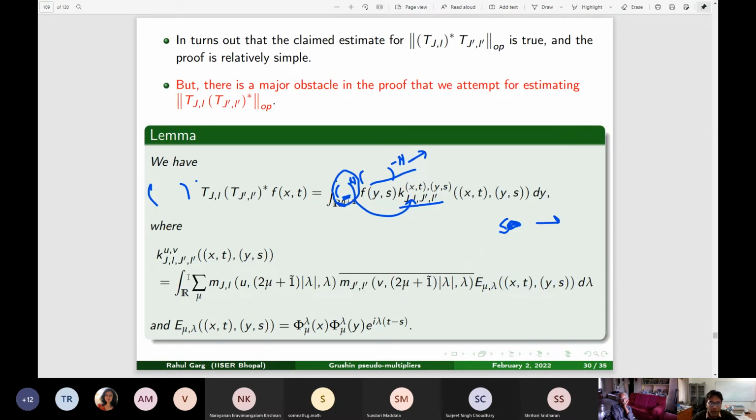So you would want to throw your s minus t on e to the power i lambda by doing integration by parts, right? If this is too technical, you go back to the Euclidean picture, you would want to put t minus s here, product, and just use integration by parts so that this becomes a derivative in lambda. And then you will want to do integration by parts and put the derivative in lambda on this piece.